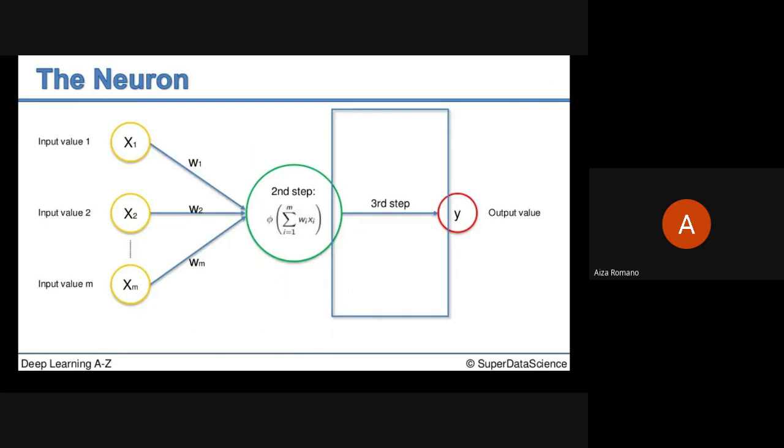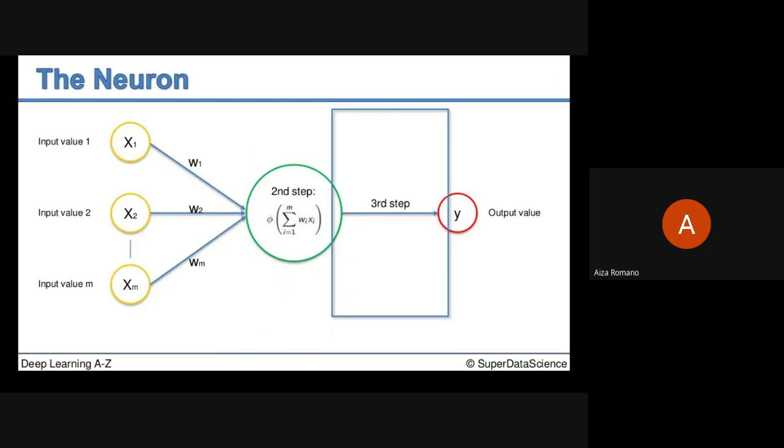So hopefully for now, everything should be pretty clear: you've got input values, then you've got weights, the synapses, and then something that happens in the neuron, and you have the weighted sum, and then the activation function applied to it that is passed on.